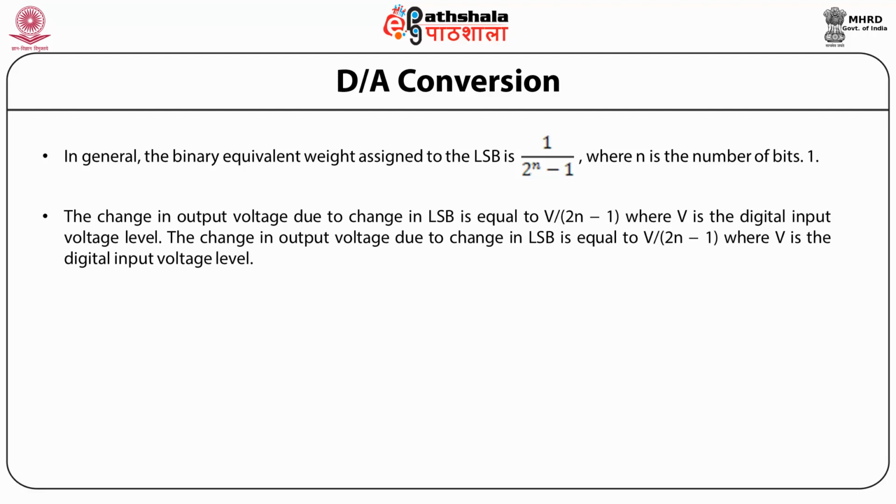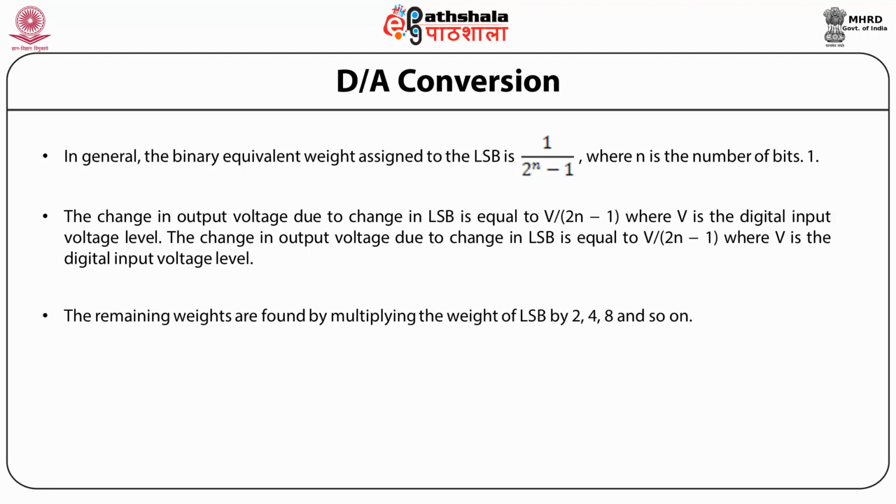The change in output voltage due to change in LSB is equal to V divided by 2 raised to power n minus 1, where V is the digital input voltage level. The remaining weights are then found by multiplying the weight of LSB by 2, 4, 8 and so on.